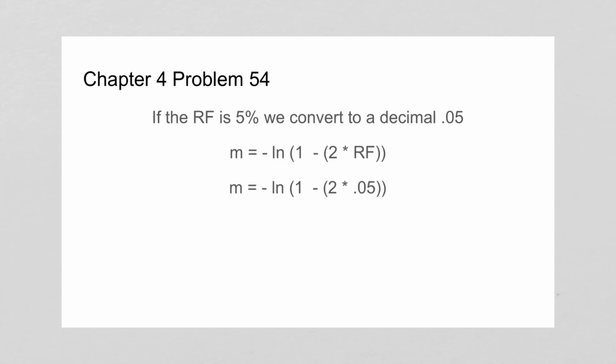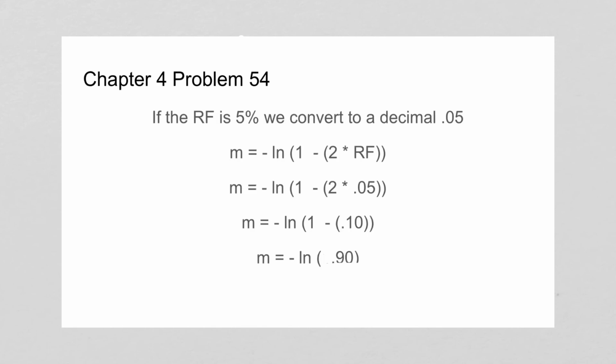So, let's solve for the recombination frequency of 5%. Let's convert this percentage into a decimal, and the equation is now m equals the negative natural log of 1 minus 2 times 0.05. 2 times 0.05 is equal to 0.10, and 1 minus 0.10 equals 0.90.